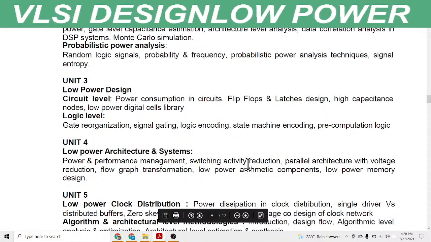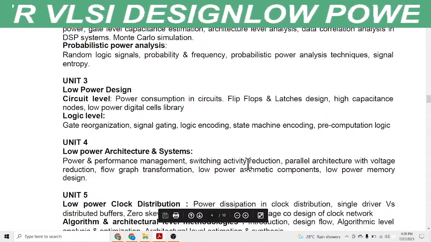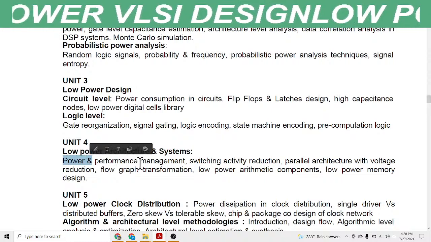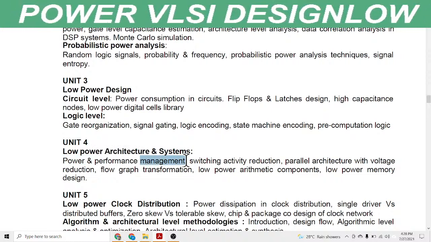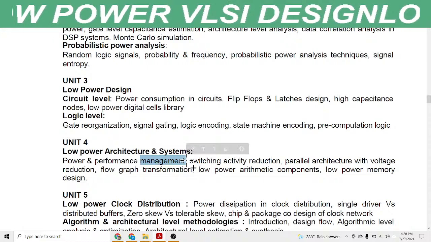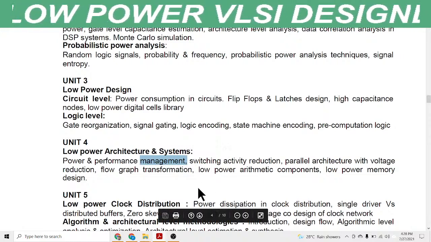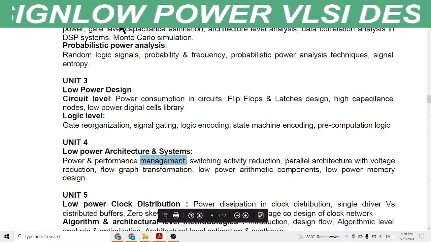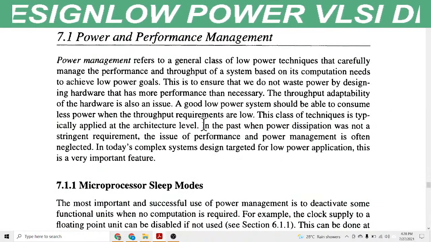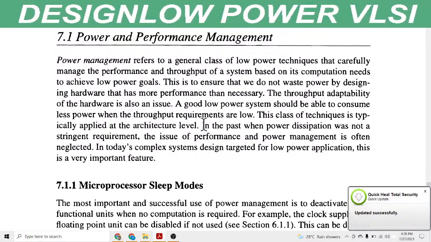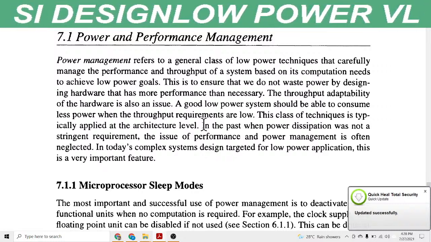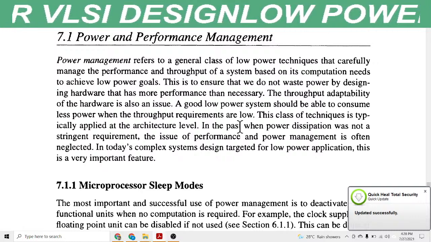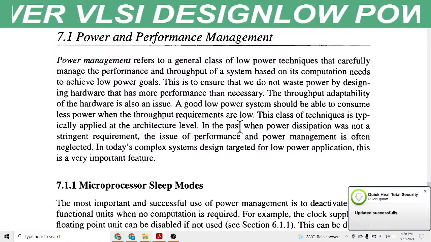Okay, good morning students. So in this lecture we will discuss our next topic, that is power management. First of all, it is required to understand why we read this topic, power management, because all the circuits in the present scenario that we use require an adaptable power.